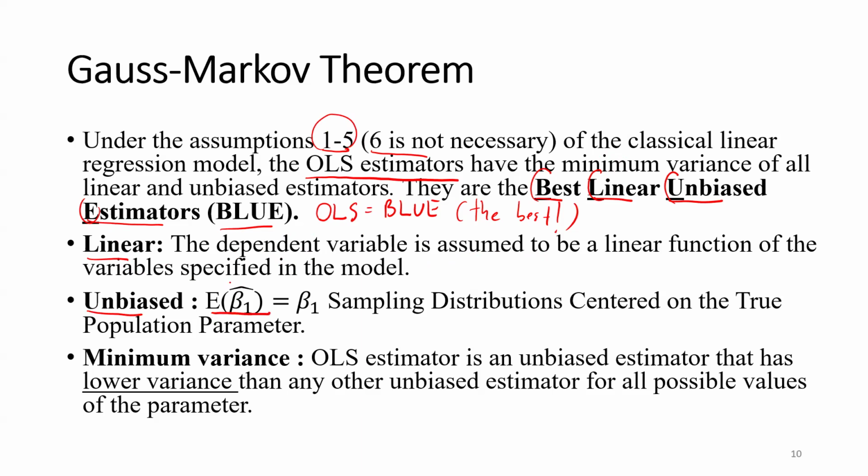Unbiased means expected. So beta 1 is the forecast, right? Expected beta hat equal to beta means averagely the forecast beta will equal real beta.